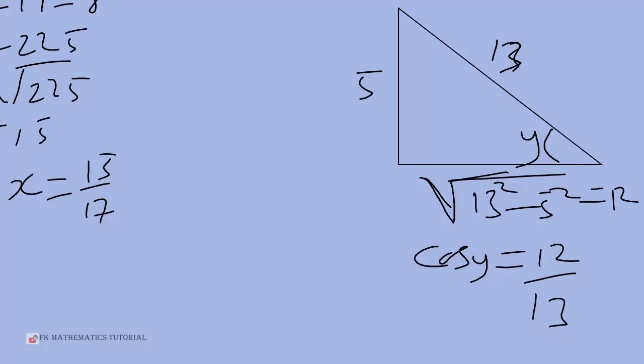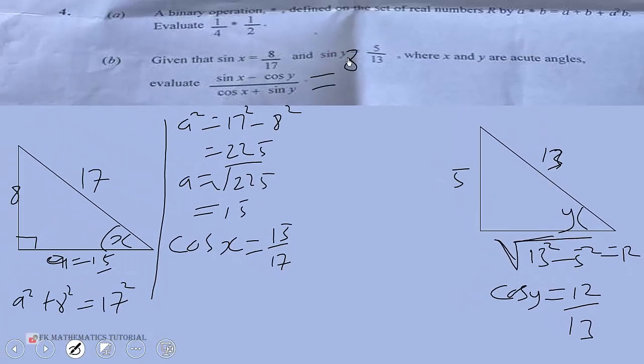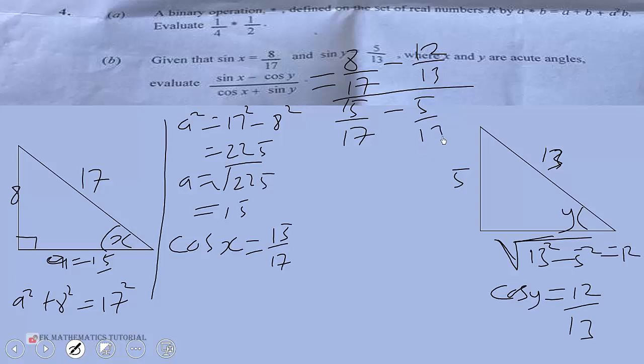So we have to substitute these values here. Sin x is 8 over 17, then minus cos y, which is 12 over 13, all over cos x, which is 15 over 17, then plus sin y, which is 5 over 13.